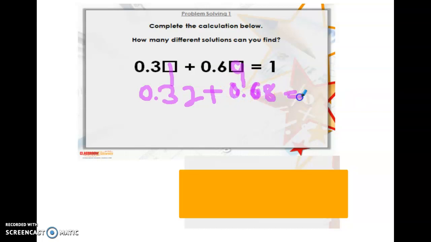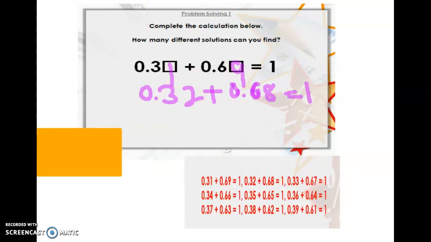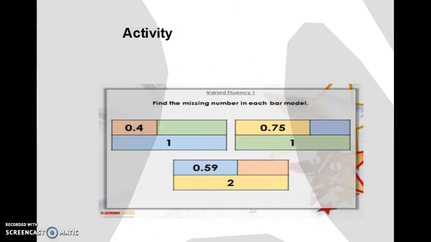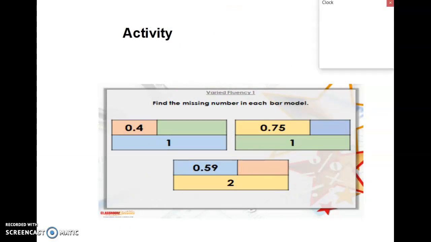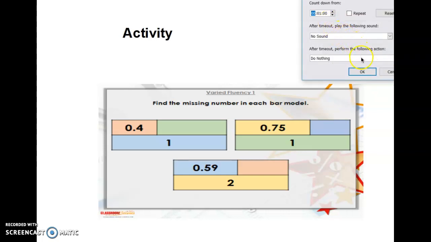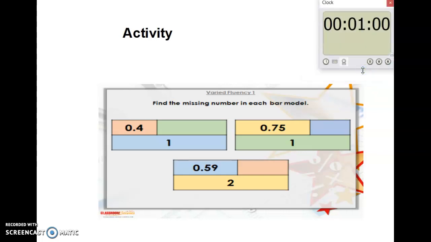So you can practice so many different ways. See here, you can do so many ways to make one whole. Now, activity. I'll give you 1 minute to complete this activity. Okay.